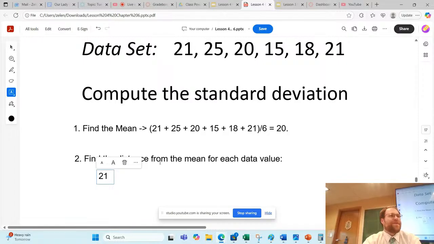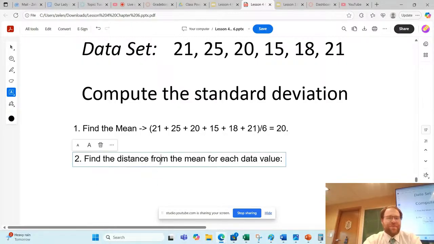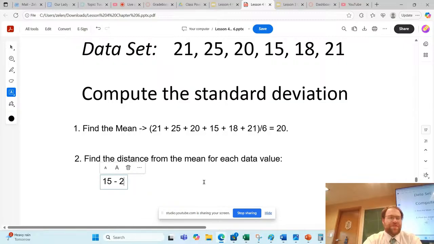It doesn't really matter, but I was going from lowest to highest. Yeah, you can do that. So 15 minus 20 would give you a distance of -5.